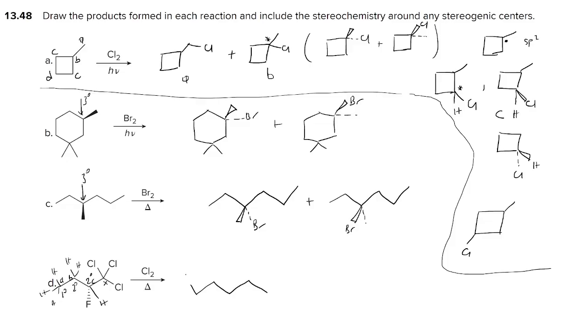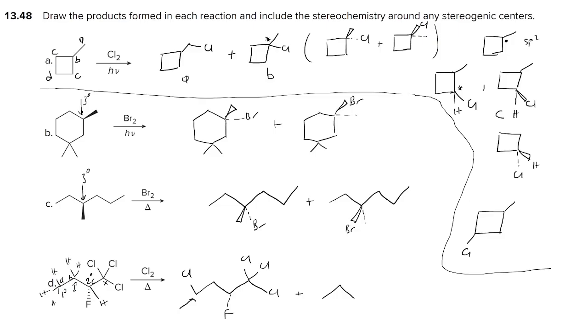If we have chlorine here, since there was a fluorine here and three chlorines on this side, this is not a stereogenic center, so we don't have to write any stereoisomer for this case. Let's move to the second carbon, which is at position B.